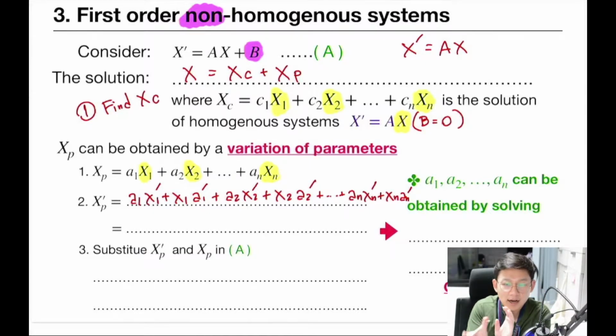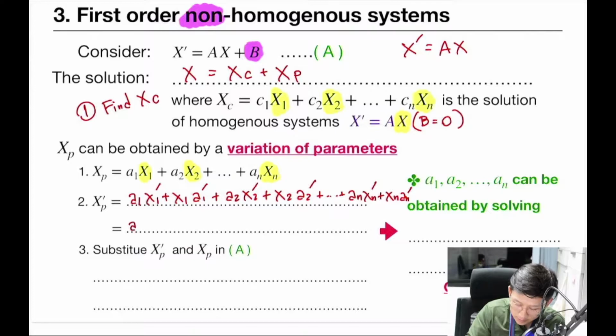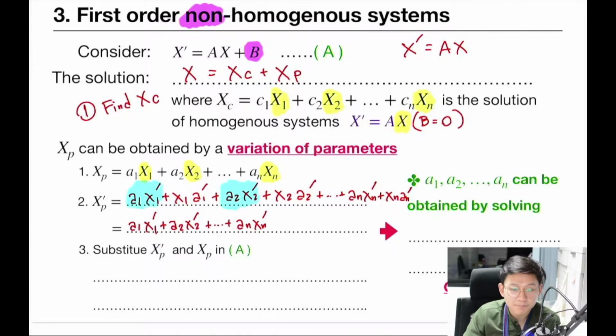I'll just rearrange the terms. I can write it this way, which is a1 x1 prime plus a2 x2 prime, moving these together, and so on until an xn prime.